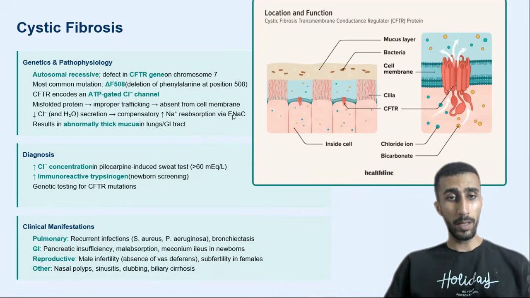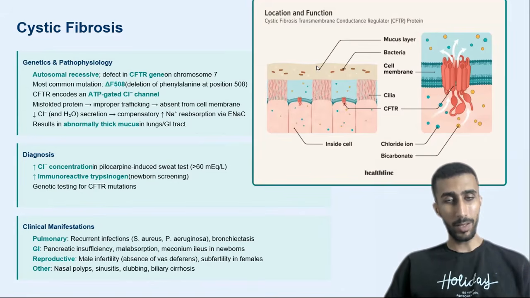There is ENaC, a sodium channel, which is supposed to be regulated by this ATP-gated chloride channel. So it's going to lose this regulation, and the sodium is going to be absorbed. And the sodium, remember, is osmotically active. It's going to absorb water and make the mucus less viscous.